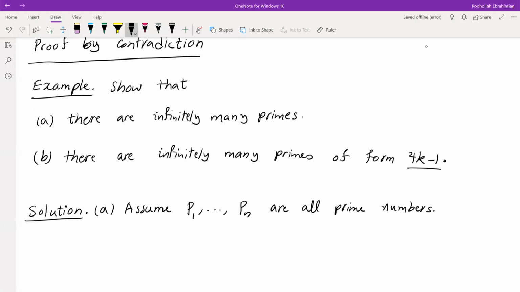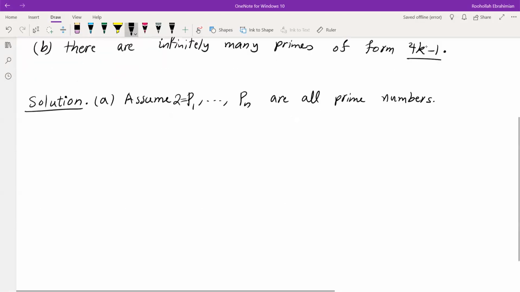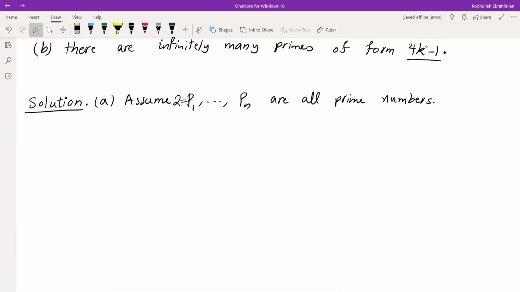For example, 2 is a prime, then the second one would be 3, and so on. Let's assume there are finitely many. It could be 10, it could be a million, but whatever it is, it is finitely many. The objective is to produce a new prime number.